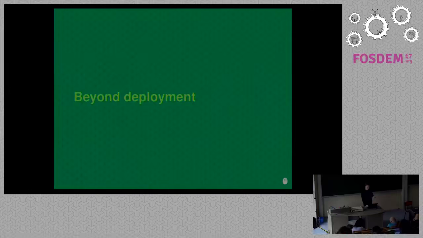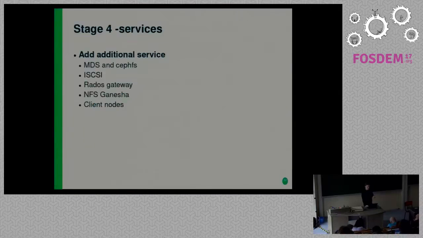Some more things that we can look at is beyond deployment. So I talked about stage 4 already. This deals with all additional services that Ceph offers. CephFS and so MDSs and CephFS deployment, obviously, iSCSI, Rados Gateway.